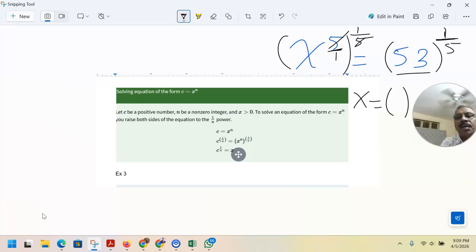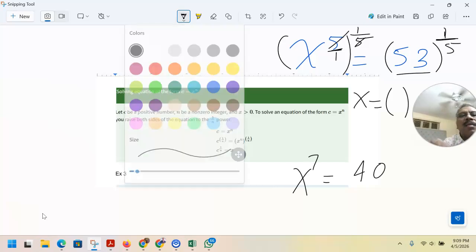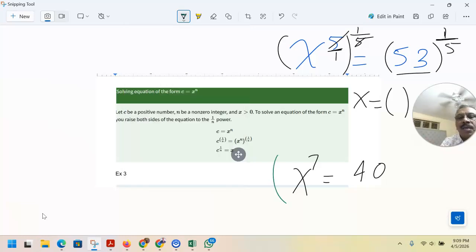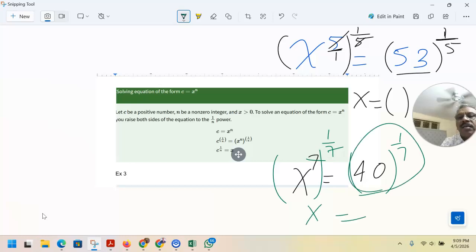Let's take another example. If we have x raised to 7 is 40, how do we solve this? How do we figure out x? All you do is raise both sides by 1 over 7. Then the 7 and the 7 cross out, you get x equals, and put this on the calculator again.